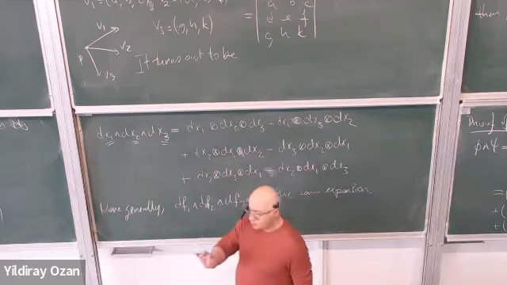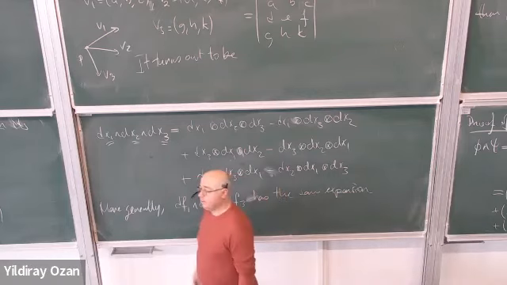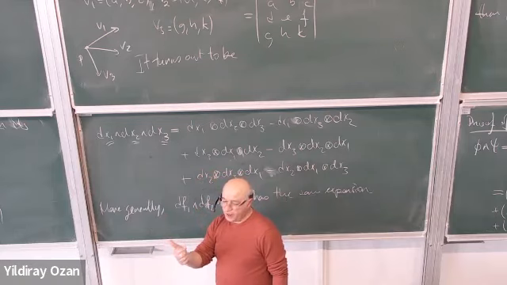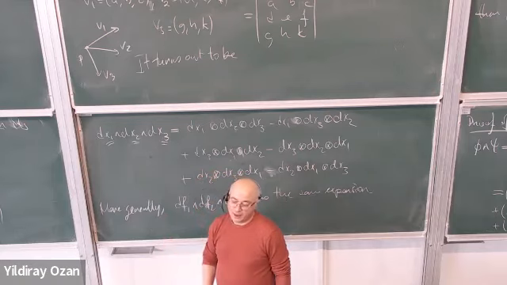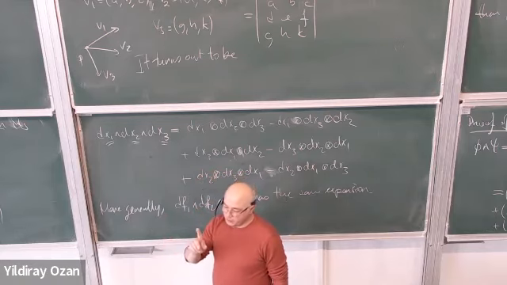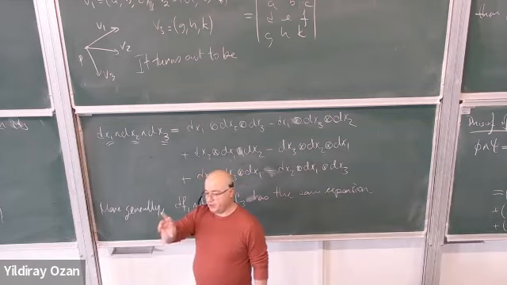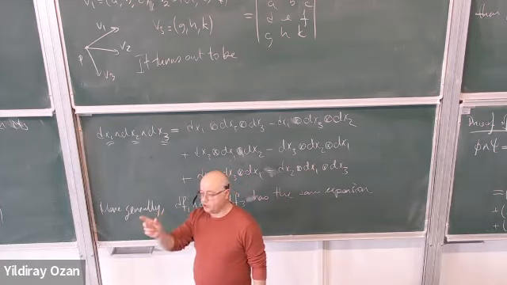Wedge product is associative, but anti-commutative. When you switch two of them, you get a minus sign. But it depends on what is the form. I mean, if it is a two form, it means it has dx1 and dx2. So when you switch two form with another form, actually you will get even number of permutation transpositions.